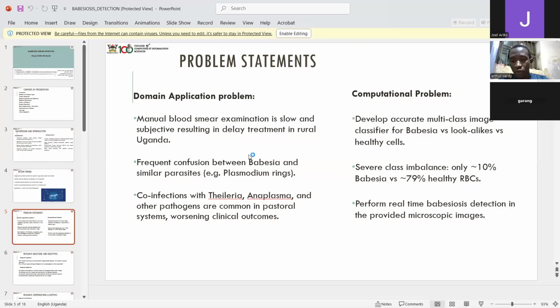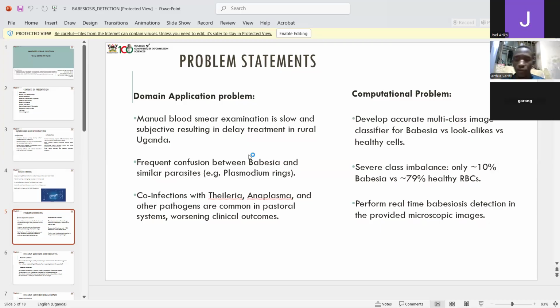Under the computational problem, we have another problem whereby we have severe class imbalance. This happens in case we have little positive data. For example, since we are looking at babesiosis, if you have a little percentage of babesiosis versus large data for the healthy, like the red blood cells, for example, if it was 79, we have a severe class imbalance on that issue.